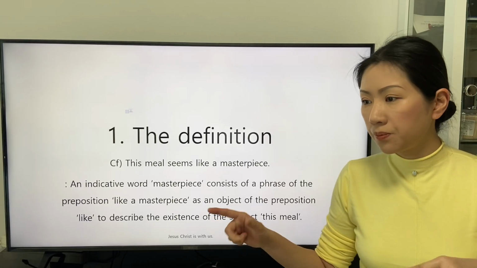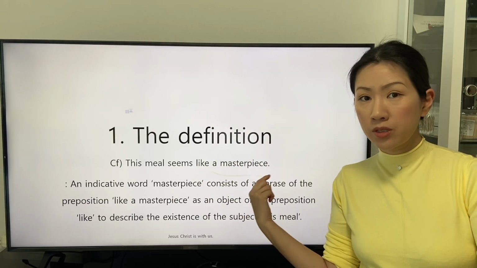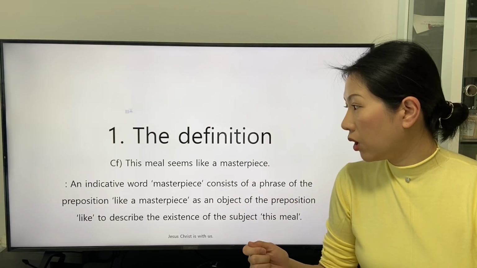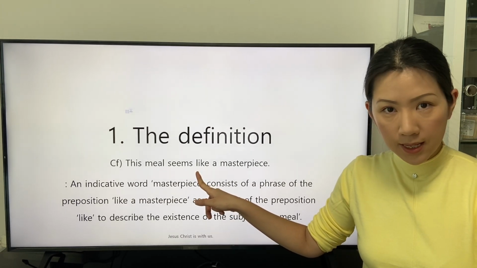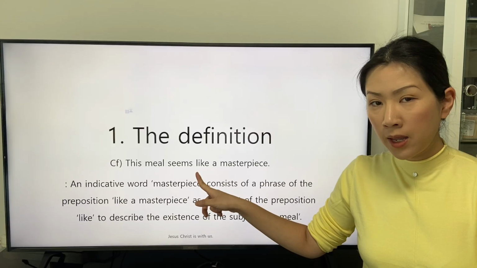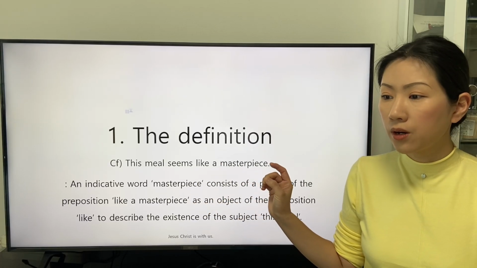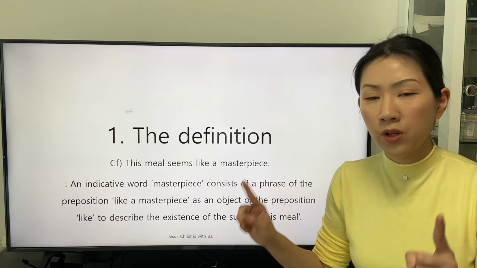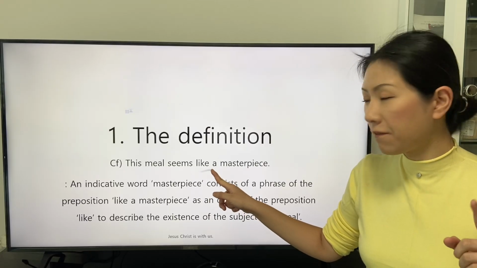So we set three words into a phrase of the preposition like. Then we can say that the three words are a phrase of an adverb.